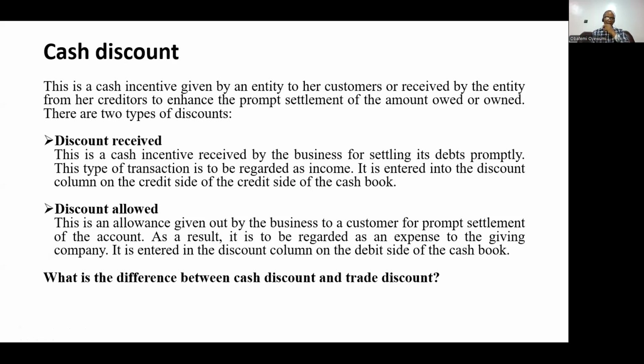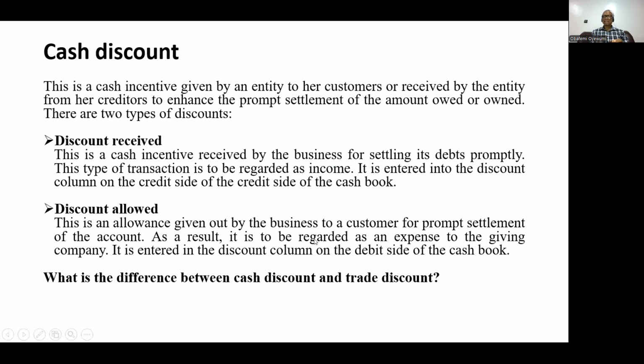Then discount allowed. Discount allowed is given out by the business to a customer for prompt settlement of his account. When you are paying your creditors and the creditor is allowing you an incentive, that's what you call discount received. Now, this time around, when you have your customer, a debtor, and you're trying to encourage him to pay up his debt as early as possible, you give him a discount.